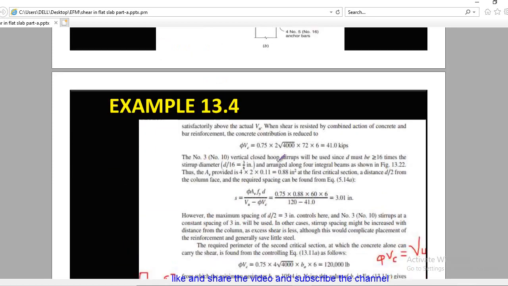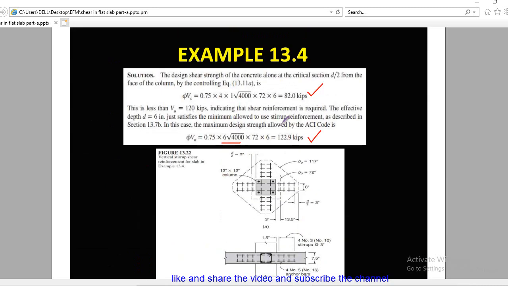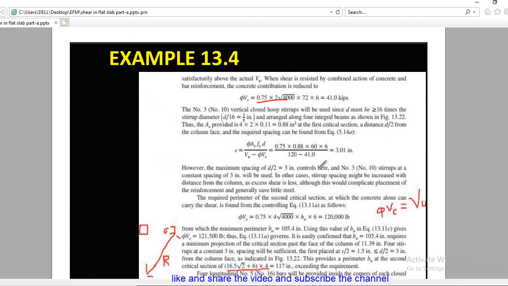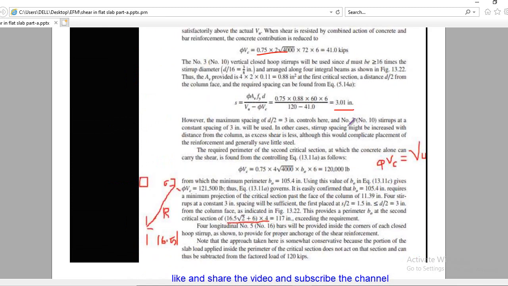Nothing could be changed. We will use this 2.5, not that value, remember, for design purposes if shear reinforcement is needed. And we have to calculate spacing, clear, but this spacing should not be more than d by 2.